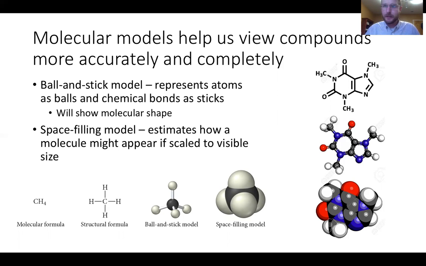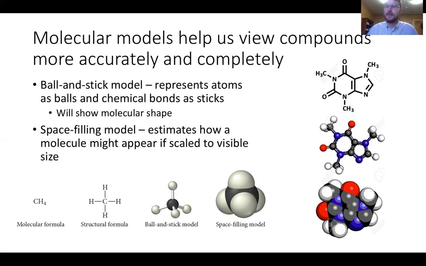Now the space filling model is what it might look like if we had a high powered microscope and could zoom in on these compounds. It is the space filling model, the bottom on the right, and the one on the far right in the group. The one on the right, just to let you know, is caffeine. That's what caffeine looks like.